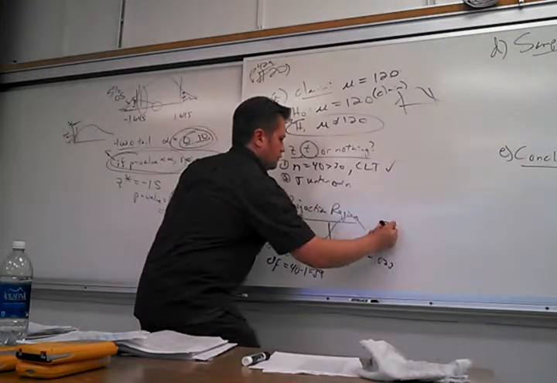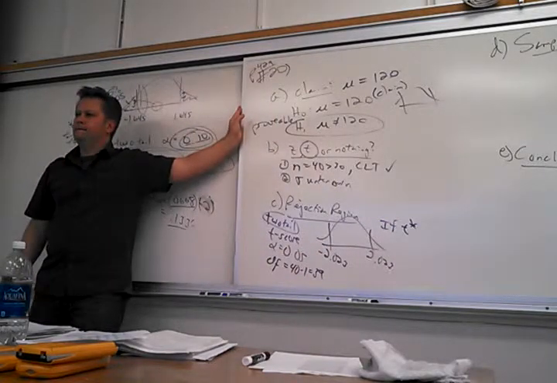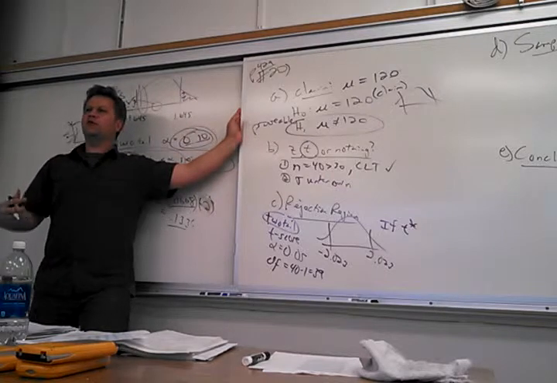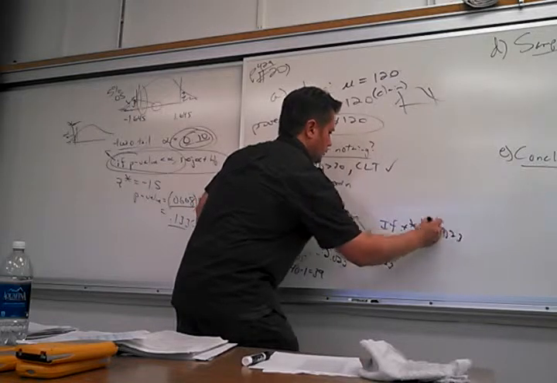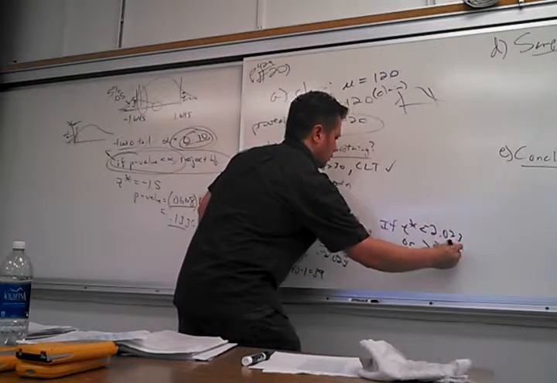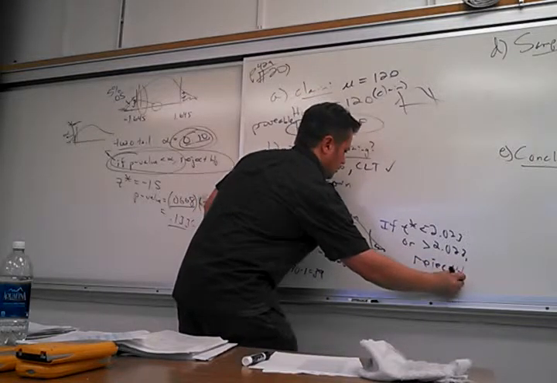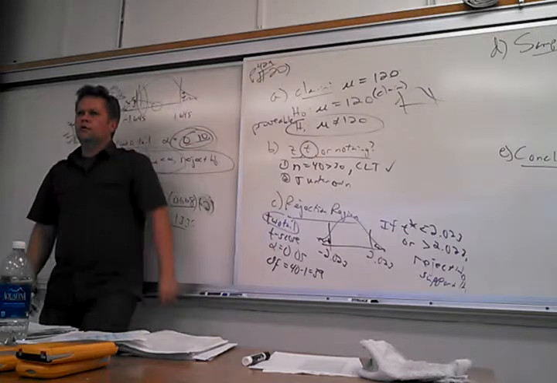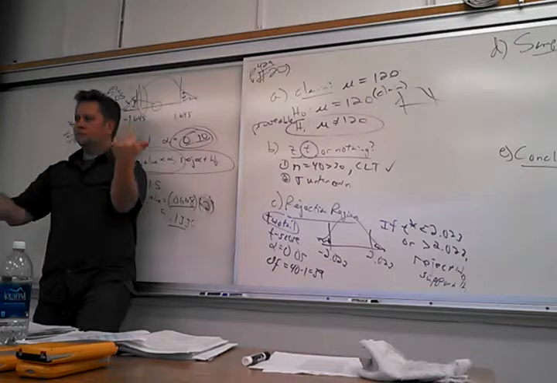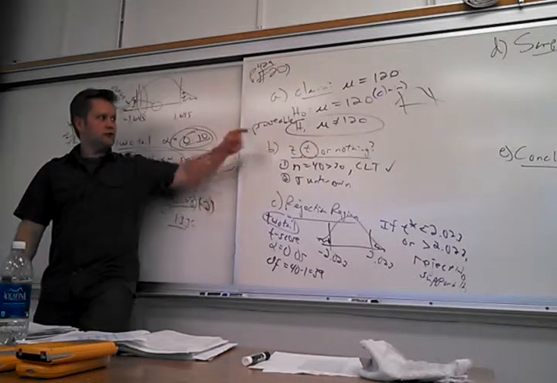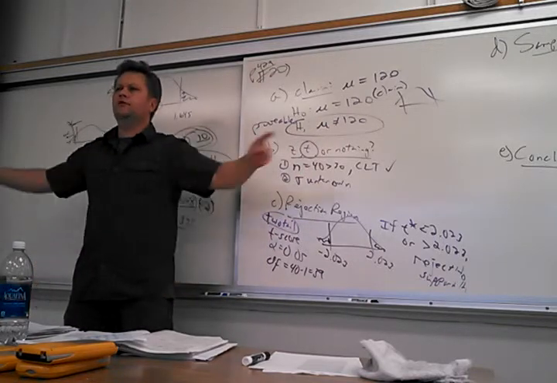To put this in words, if my t star, my score for my sample, is less than this or greater than that, we reject the null and support the alternate. If we get far enough away, it looks like it's actually not equal to. So we reject the one that says it's equal, and we support the one that says it's not equal to, if we get out there. It's just so far away.